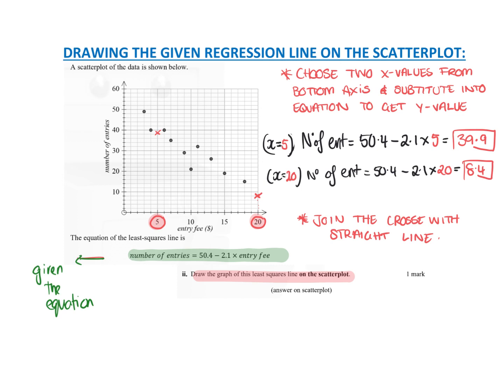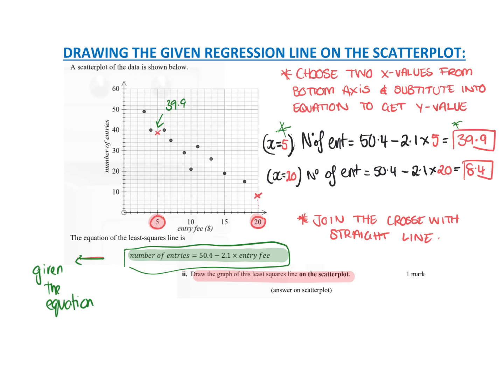What I'm going to do is substitute that 5 into the formula which they've given me. You can see here, I popped 5 into that formula, and when the entry fee was 5, I found the number of entries to be 39.9. So up here, I've crossed it at 39.9.